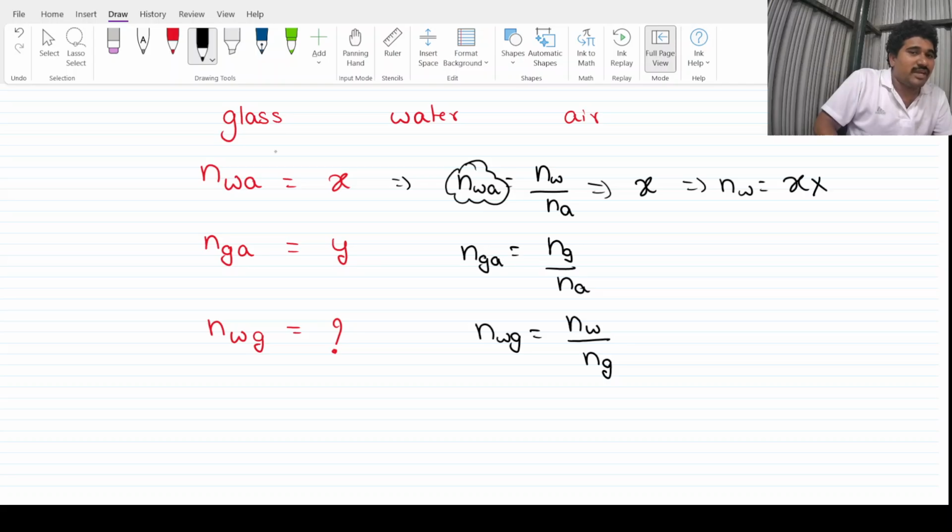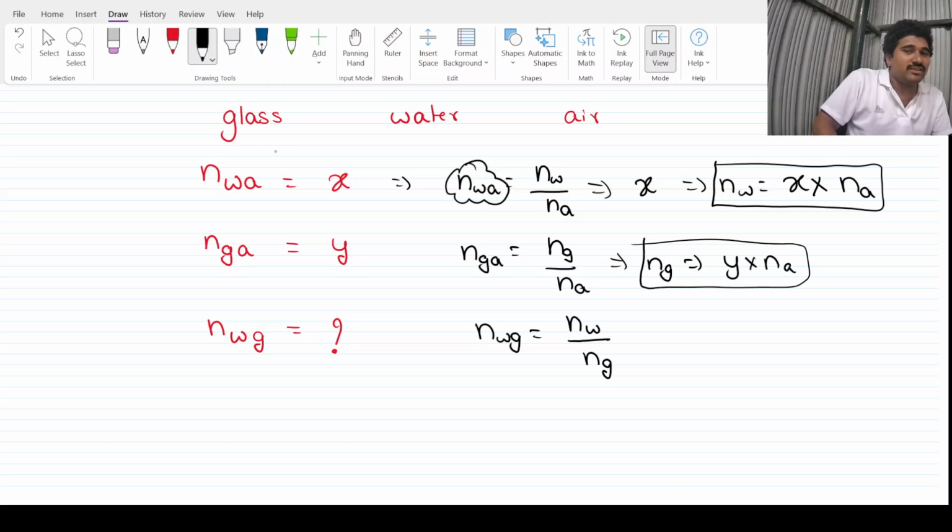That is nothing but X into NA. Am I correct or not? From here, I want only the NG value. How much is that? Y into NA. Substitute that: NW is X into NA, NG is Y into NA.